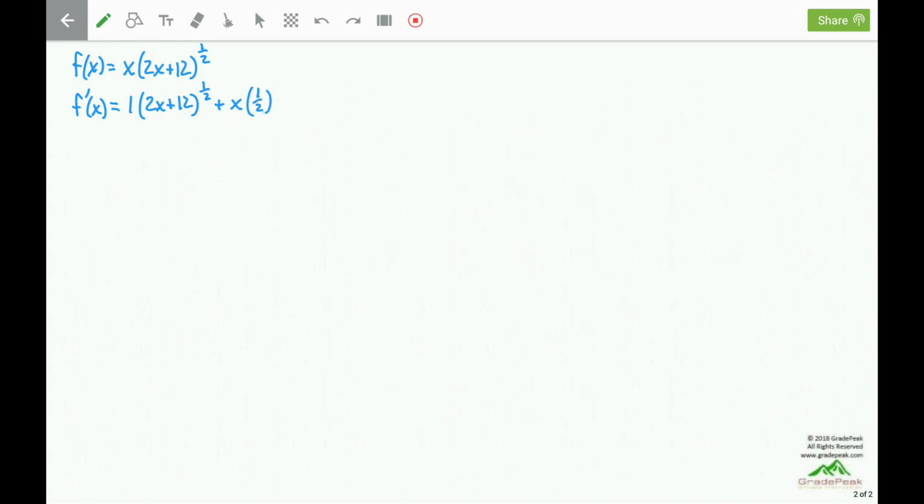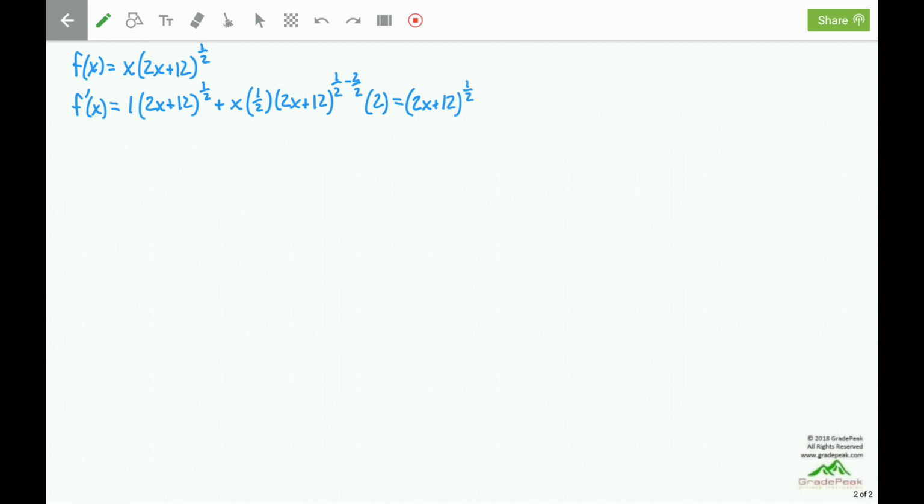Bring the power down, 1/2. Leave the inside alone, 2x plus 12. Subtract 1 from the power, I will call that 2/2, and then multiply by the derivative of the inside to complete the chain rule. The first term is 1 times an expression. 1 times anything is that same thing, so that'll be 2x plus 12 to the 1/2 power.